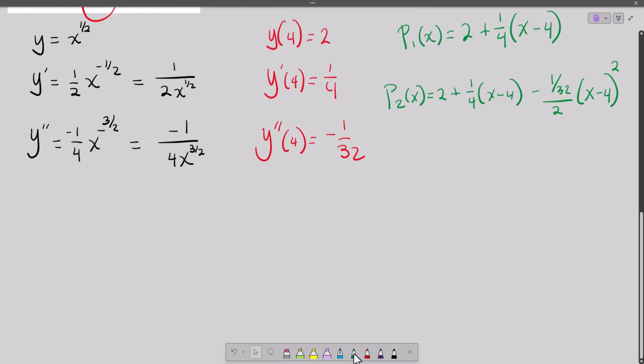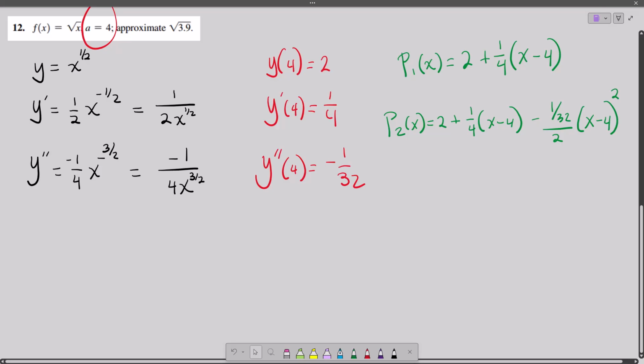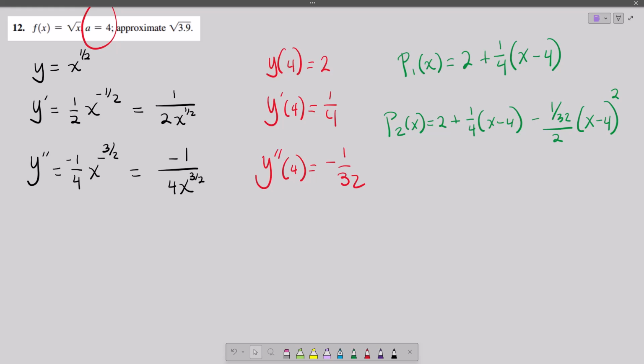Now we can evaluate these things. So we want to approximate the square root of 3.9. So x is inside the square root. So what's in the square root is x. So that's going to be what we replace the x with, 3.9. So P1 of 3.9 and P2 of 3.9. These are our approximations.